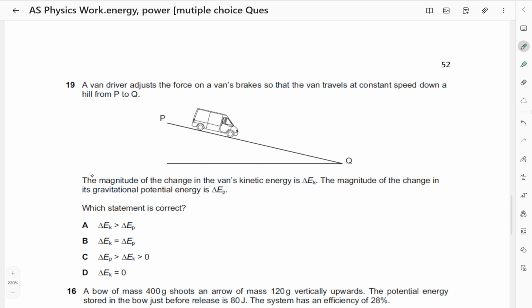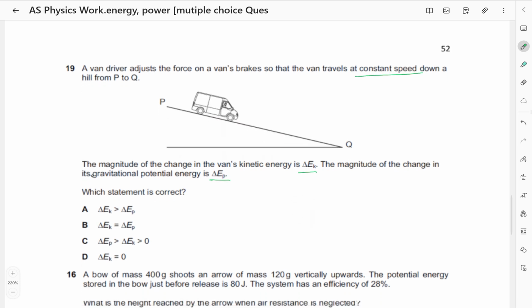A van driver adjusts the force on a van's brakes so that the van travels at constant speed down a hill from P to Q. The magnitude of the change in the van's kinetic energy is delta EK, and the magnitude of the change in the gravitational potential energy is delta EP. Which statement is correct?